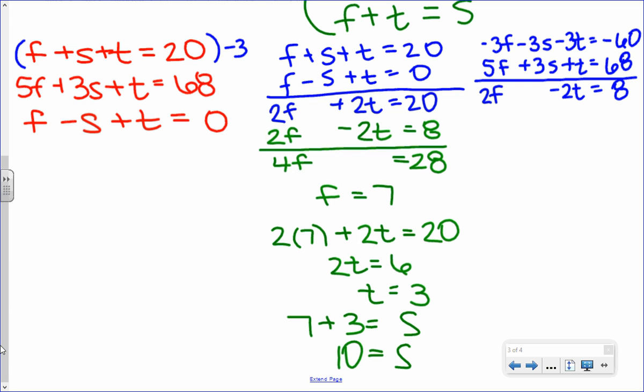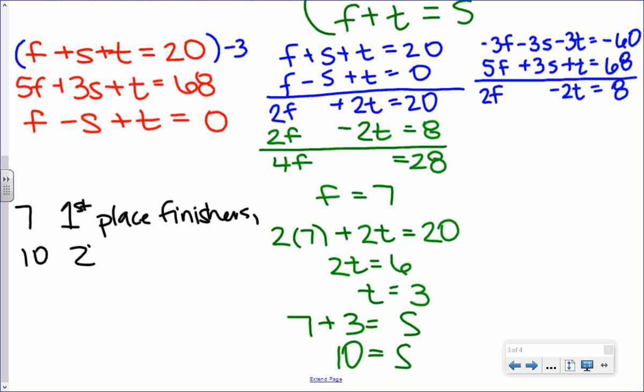Like S into the other two? Yeah, that would work. Okay, so to answer the problem, we have 7 first place finishers, 10 second place, and 3 third place.